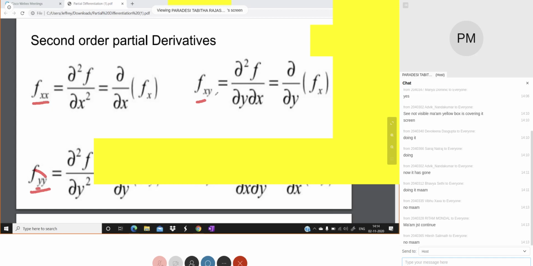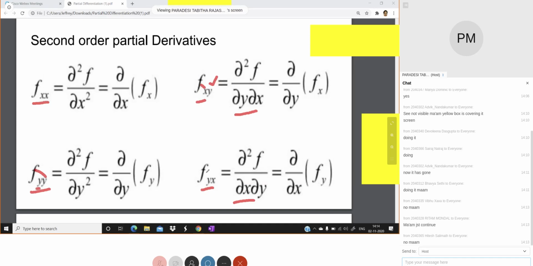So basically, since both are equal, it doesn't really matter, so we'll just write it as del square by del x del y. This is right, actually: the partial derivative of f x with respect to y, and the partial derivative of f y with respect to x.